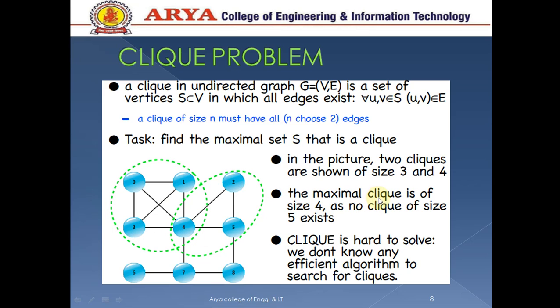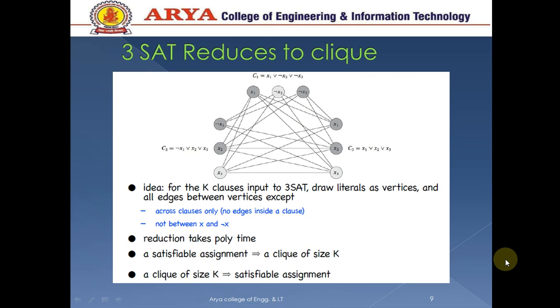But the maximum clique is of size 4, as no clique of size 5 exists, meaning there is no clique with more than 4 vertices. The best clique is the one in which all the nodes are connected to each other. So clique is hard to solve. We don't know any efficient algorithm to search for the clique.